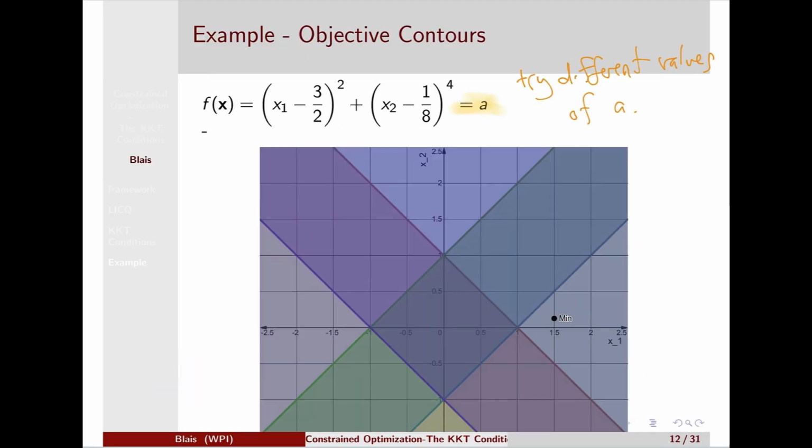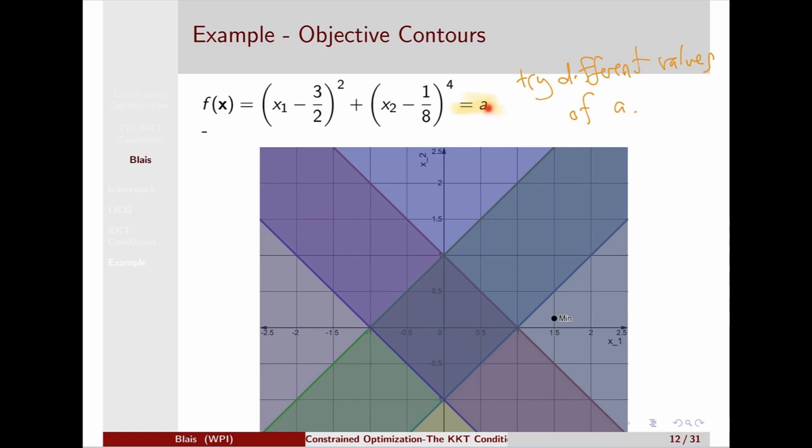Another way we could figure this out is we could try contours. We could try level curves of the objective function. So recall what that means. You take the objective function and you set it equal to a constant, and then you try different constant values. This is the idea of, say, a contour map.